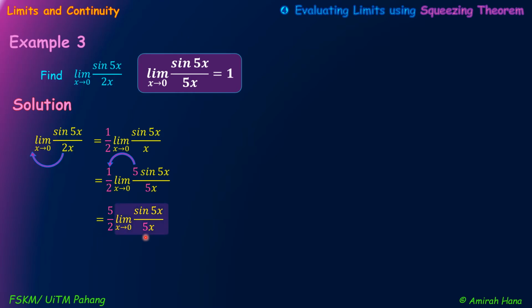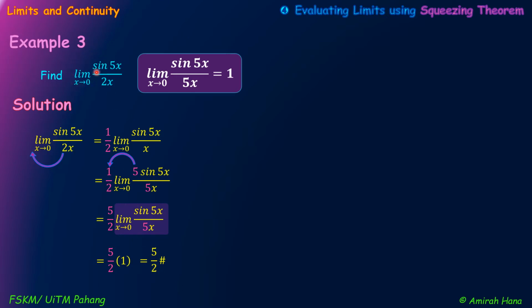When we compare to the theorem, it is similar. So we can say that limit x approaches 0 of sine 5x over 5x equals 1. So we can write 5 over 2 times 1 under squeezing theorem. Then we simplify, and we get 5 over 2. This is the final answer.